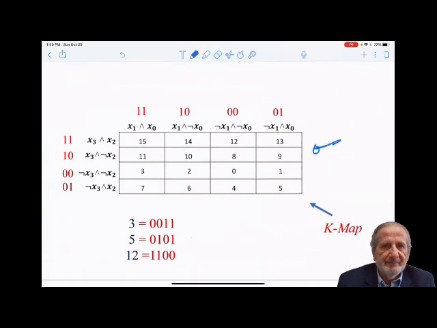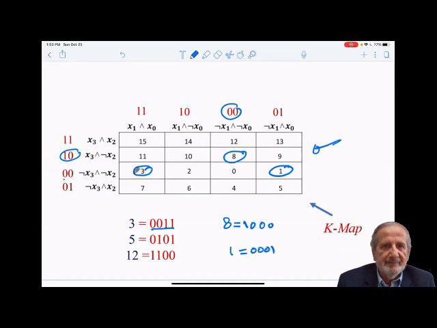So now, for instance, if you take 3, it is 0, 0, 1, 1. If you take, say, 8, it is 1, 0, 0, 0. If you take the 1 here, it is 0, 0, 0, 1.